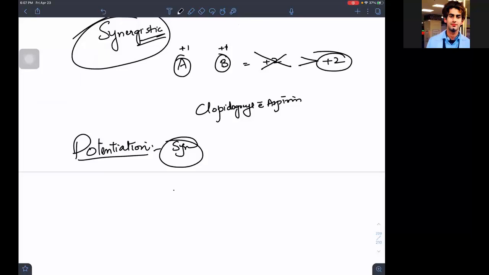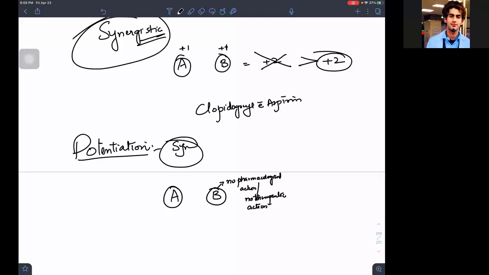I have a drug A, I have a drug B, and drug B has no pharmacological action, no therapeutic action.